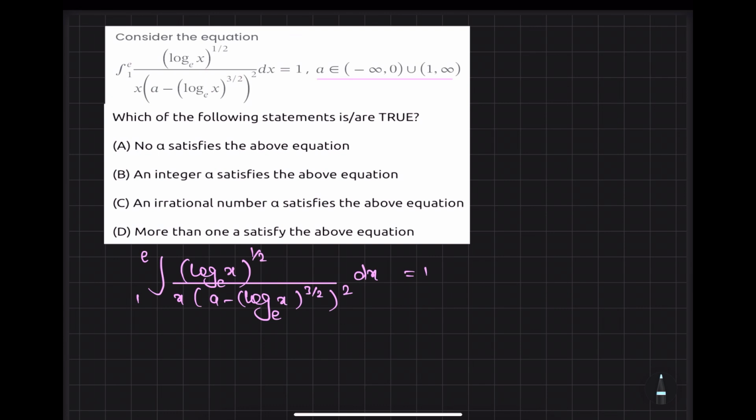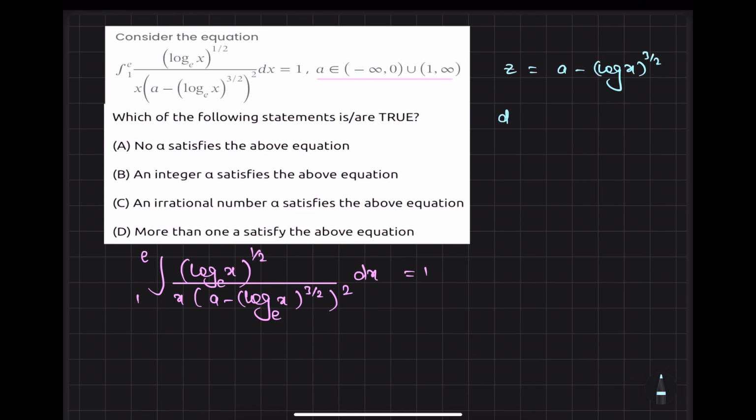If you observe the question, the whole thing appears to be ugly, correct? Because it has a constant, it has log, it has an ugly power 3 by 2. So many things are involved. So I will take that thing as z, a minus (log x)^(3/2).